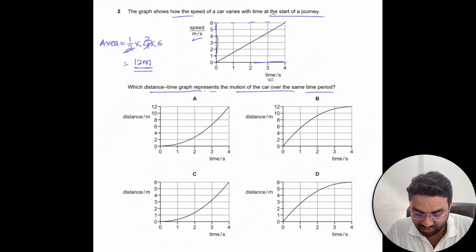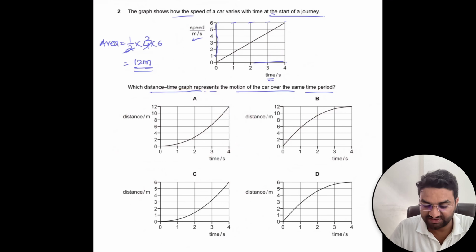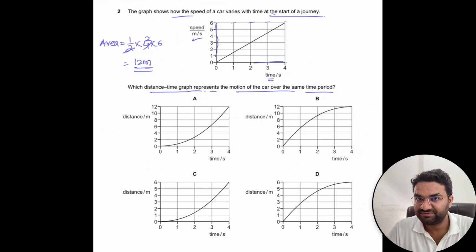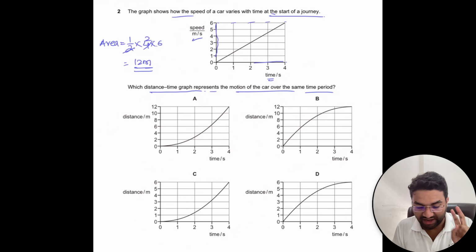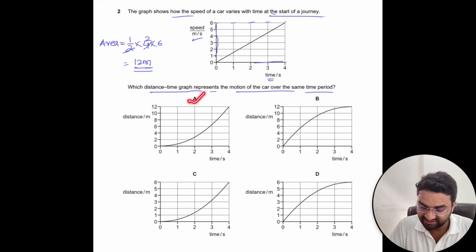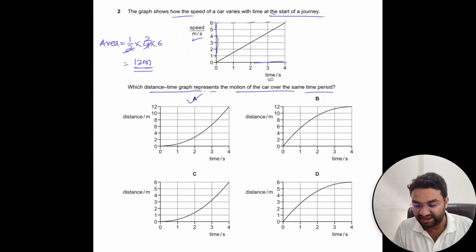So the more appropriate answer is A. Because the distance traveled by the curve initially is lesser compared to the second one. The second reason why the first one is the right answer is that in the second case the gradient is decreasing, but here the gradient is increasing, isn't it? So that's why the more appropriate answer is A rather than B. In the first graph, the gradient goes on increasing.